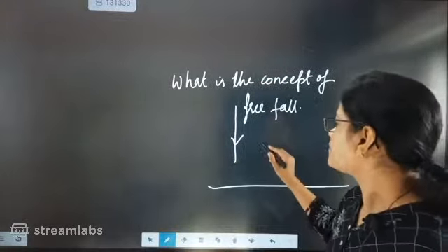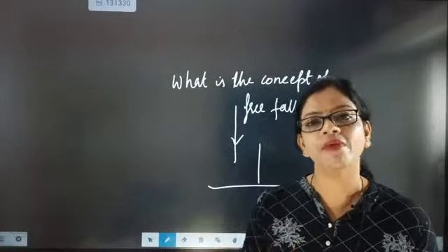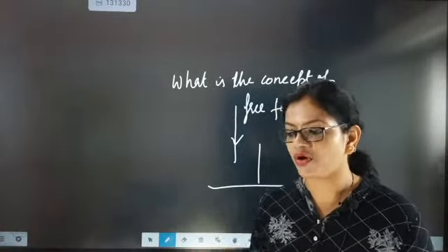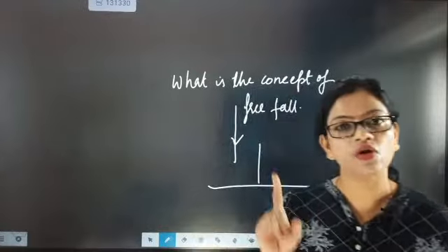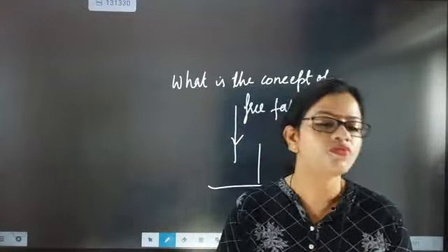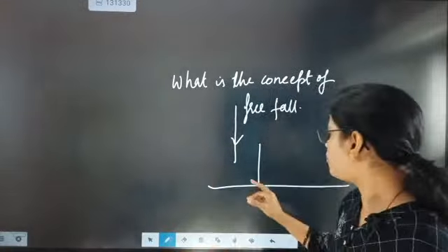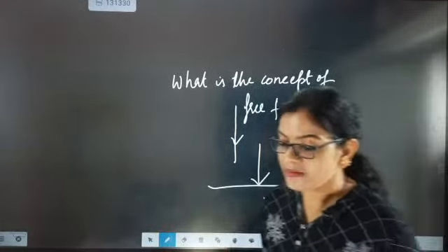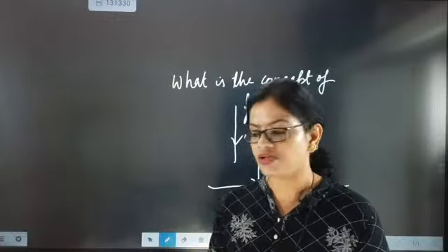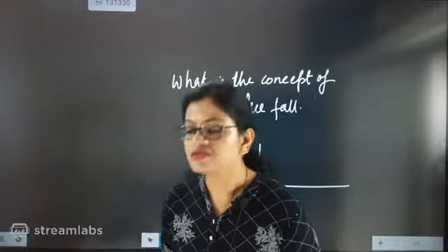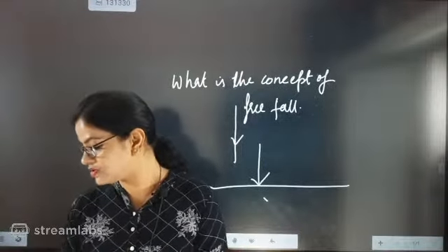And that is why the velocity of an object before hitting the ground will be maximum, just a fraction of a second before hitting the ground. So this statement is absolutely correct.